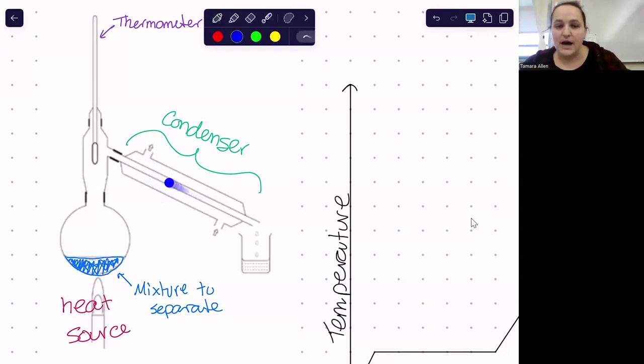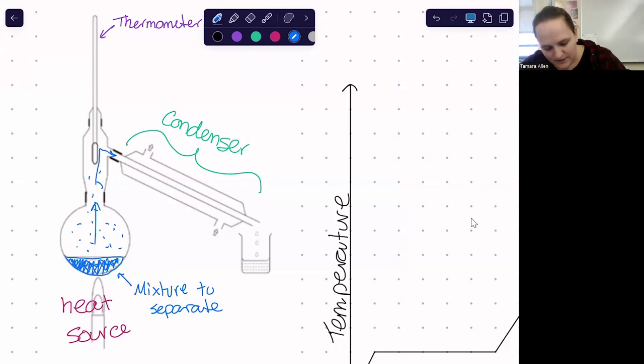So the area inside of this is quite cold, is chilled, because what is happening is as our mixture over on the left here heats up, some of it starts to turn into the gas phase, travels up to the top of this setup, and eventually makes its way in here as little gas particles, and then when they are cooled back down by the water flowing outside of that, so the inside here is directly connected to our round bottom flask on the left.